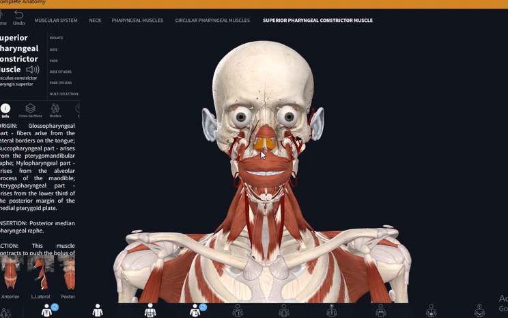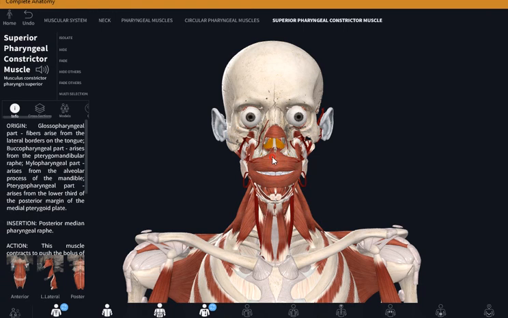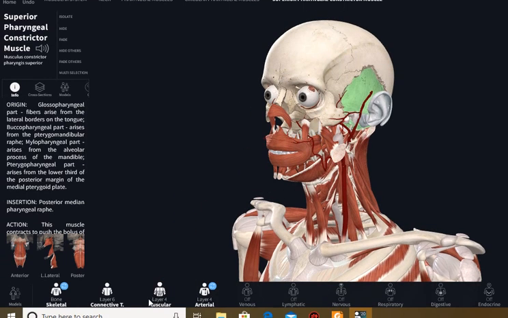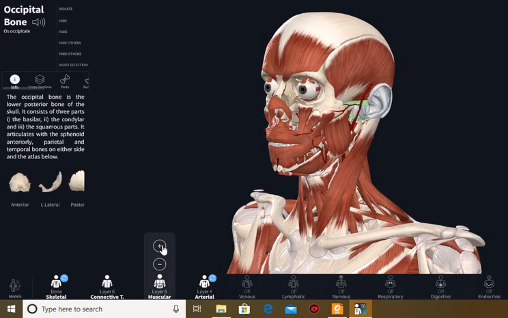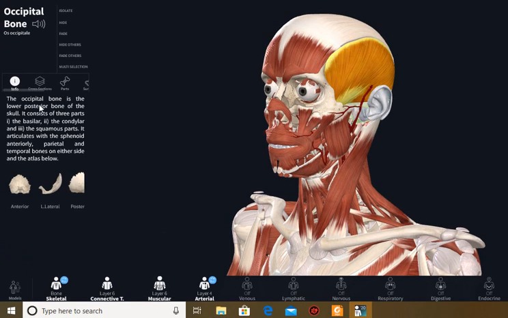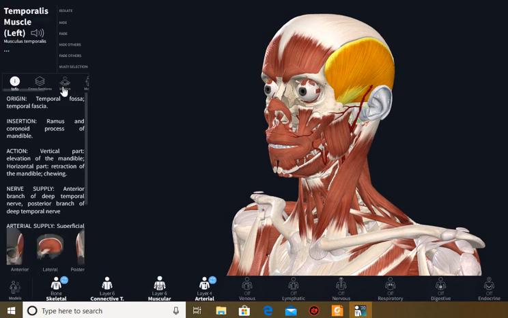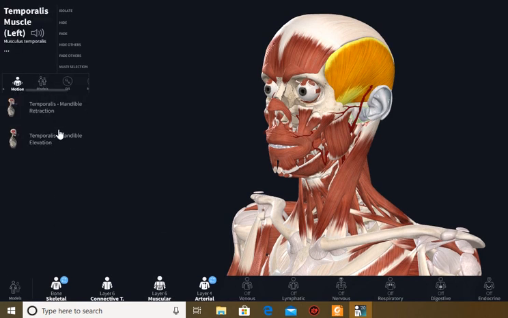So normally, when somebody is masticating, let's visualize the action of the muscles of mastication. Come to the temporal muscle. Now we find the motion.